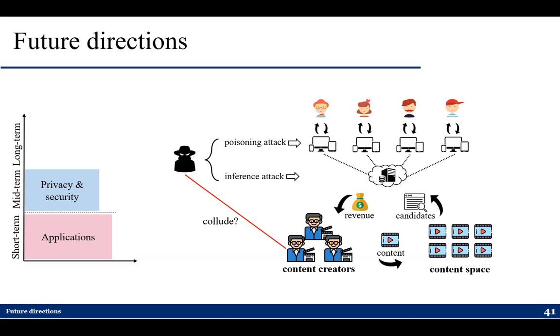One possibility is that the content creators may want to collude with some adversary, or they are themselves adversaries, so that they want to actively shift their content creation to manipulate the platform, either to gain more revenue, or simply to chase out their competitors. This will bring out a lot of new formulations of these privacy and security problems.